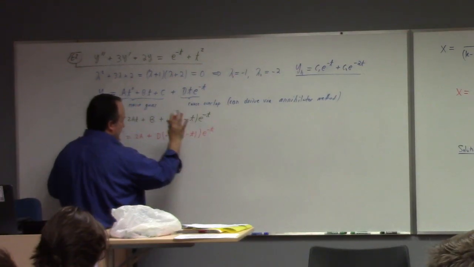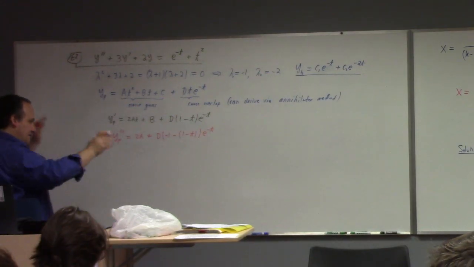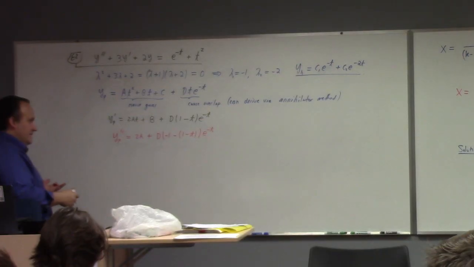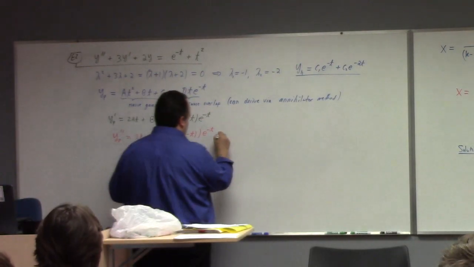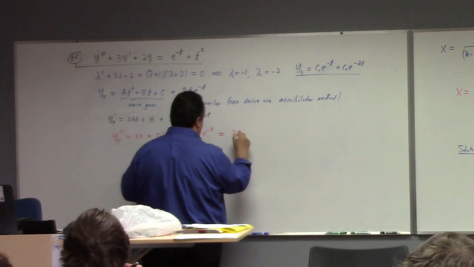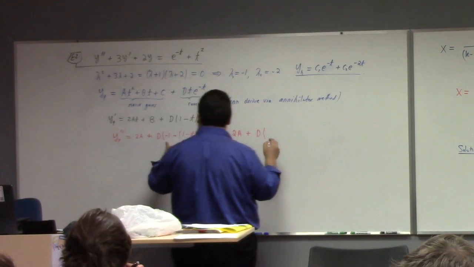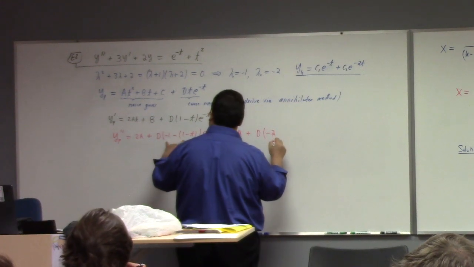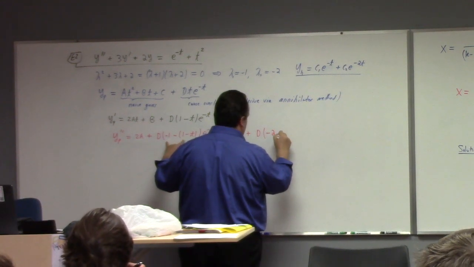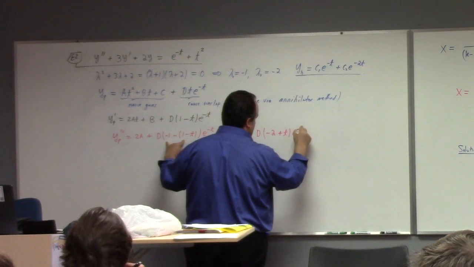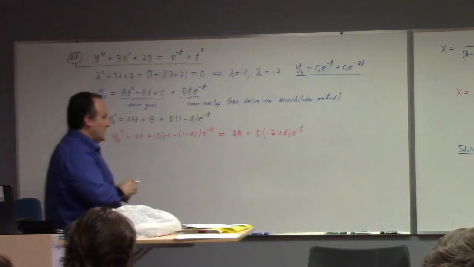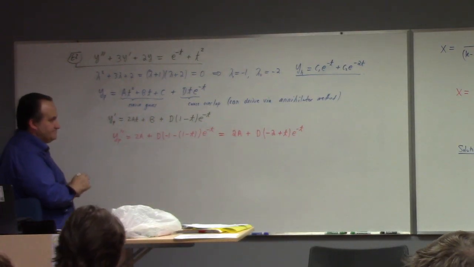Now, if you don't like the way I'm differentiating the exponential term, you can do that derivative another way. But we should all agree at the end of the day that the second derivative gives me 2a plus D times (minus 2 plus t) e to the minus t. All right.